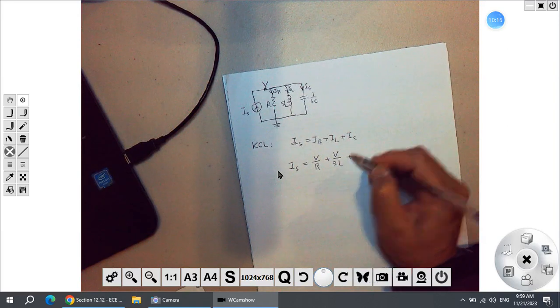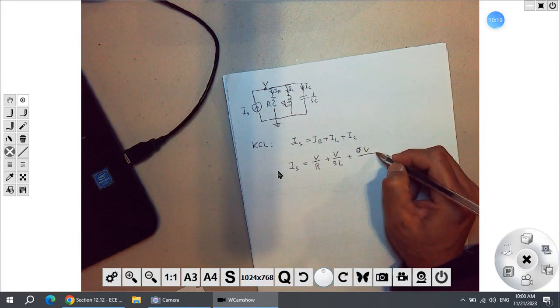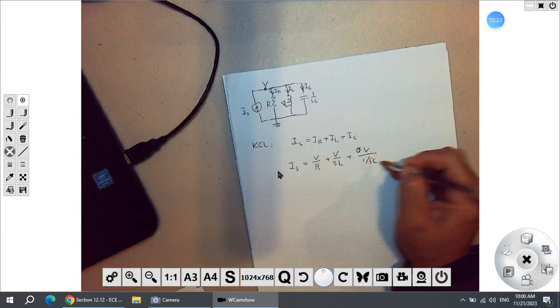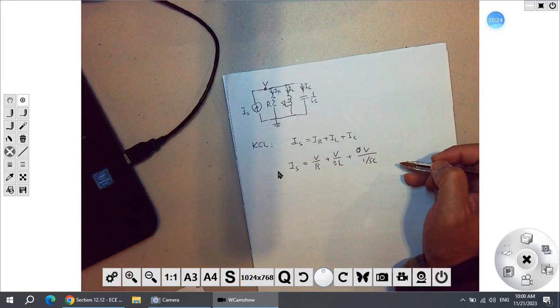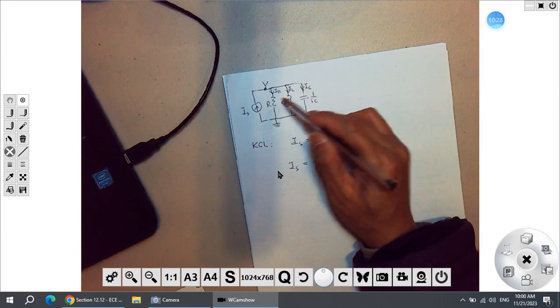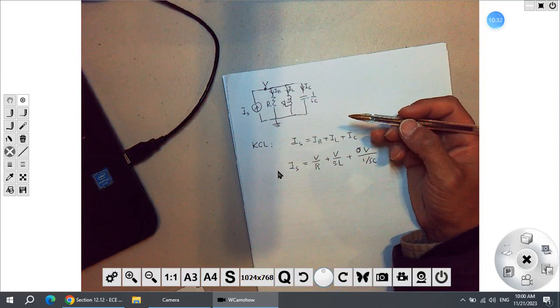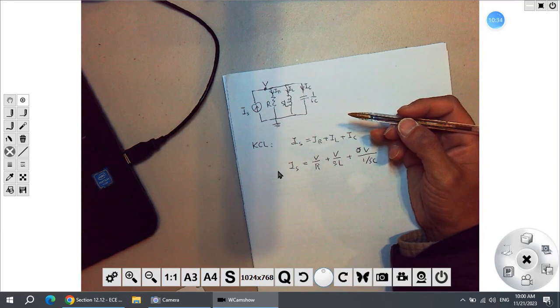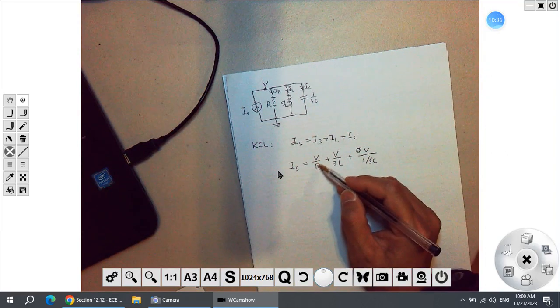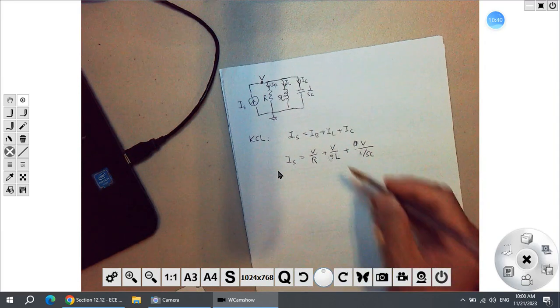And IC will be V over 1 over SC. You can call all these three parameters, R, SL, and 1 over SC, impedances, right? And they work similar to Ohm's law.